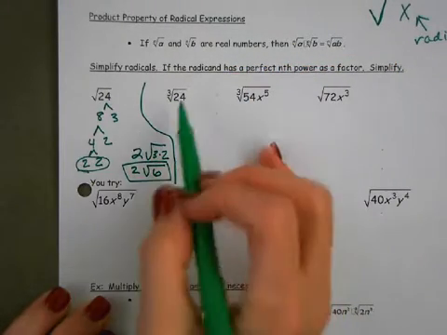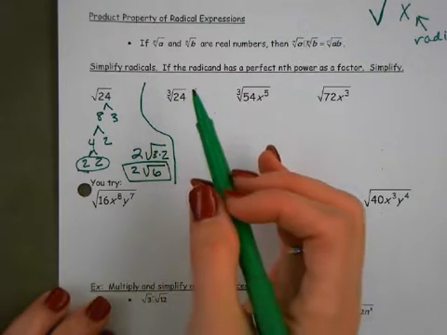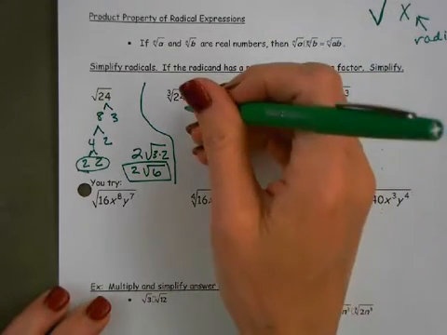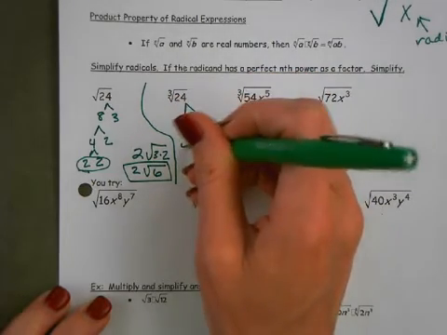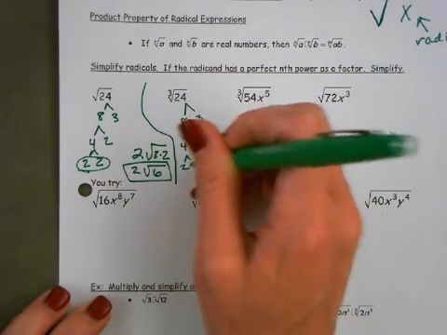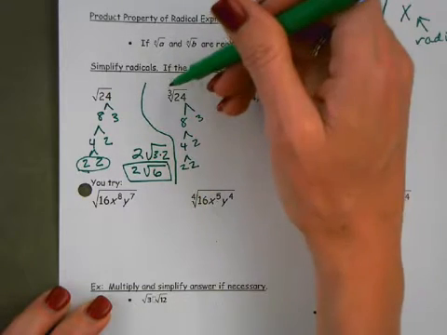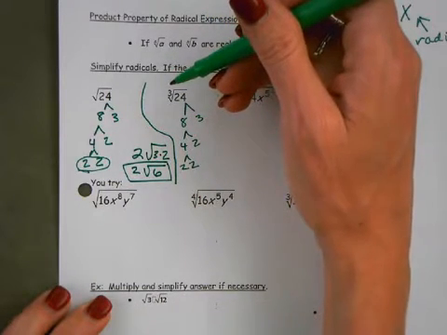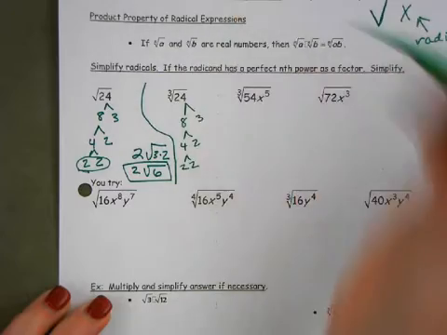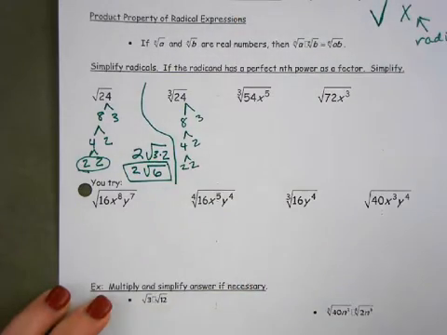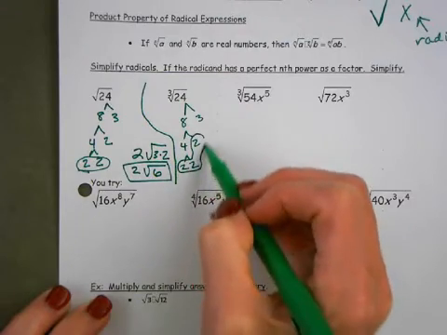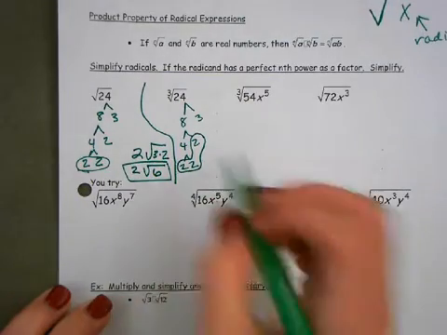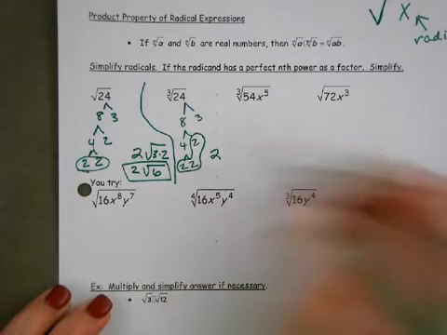Then we look at the exact same example, but now this has an index of 3. So we do the same process. We could do 8 and 3. The 8 becomes 4 and 2. The 4 becomes 2 and 2. But now my index is 3, so I need 3 of a kind before I can pull anything out. So I'm looking for 3 of the same number. I have three 2's here, so that's one 2 I can move out to the left.